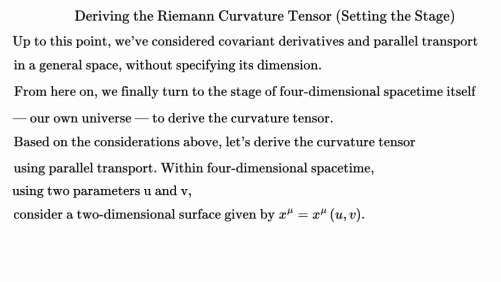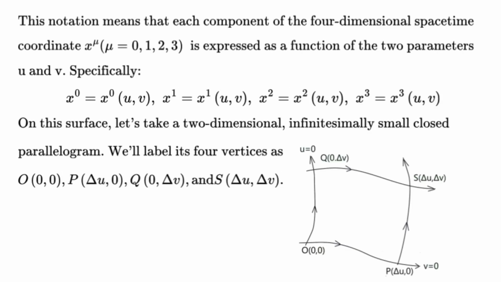Within four-dimensional spacetime, using two parameters u and v, consider a two-dimensional surface given by x^μ = x^μ(u, v). This notation means that each component of the four-dimensional spacetime coordinate x^μ, μ = 0, 1, 2, 3, is expressed as a function of the two parameters u and v, specifically x^0, x^1, x^2, and x^3, each given as functions of u and v.